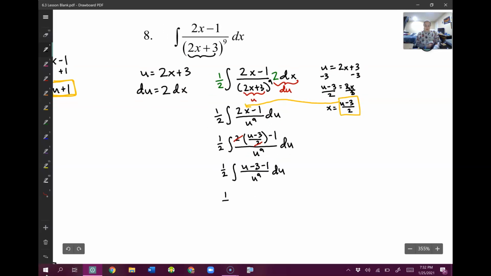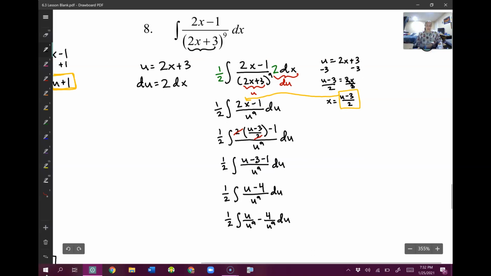So simplify this even more. This is going to be u minus 4 over u to the 9th. Now, if you get stuck right here, remember that we have a rule that says I can split my denominator up, and that's okay.